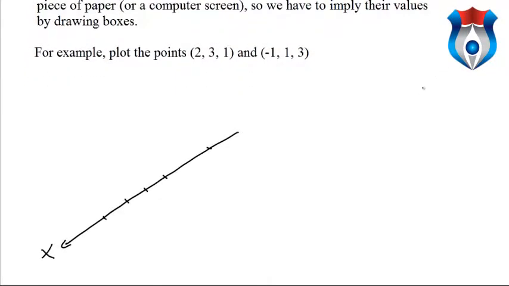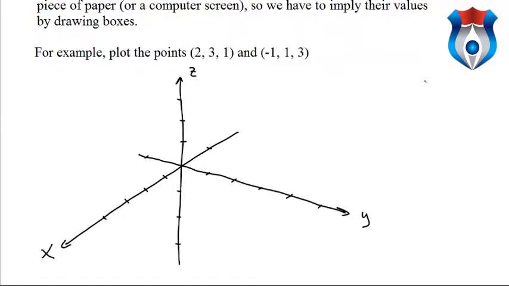First we need an x-axis, a y-axis and a z-axis. Traditionally speaking, if you point your hand in the direction of the x-axis and then curl your fingers toward the y-axis, your thumb should point in the z direction. This is called the right-hand rule.